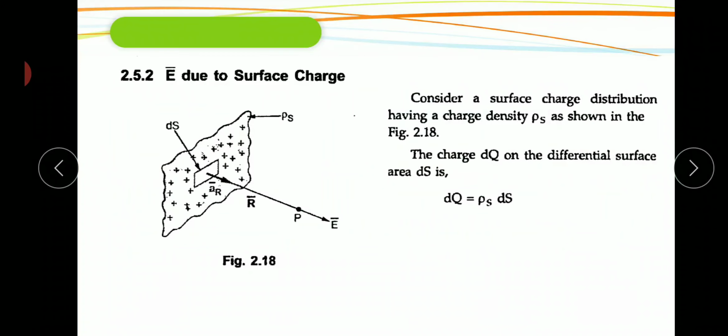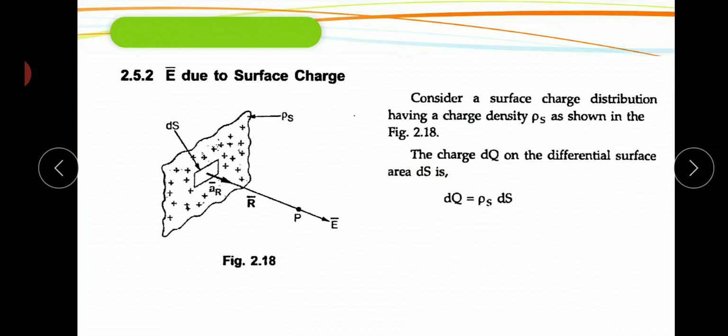Now the second case is electric field intensity due to surface charge. Let us assume a surface having surface area S. Among this surface we assume a smallest surface, that is a differential surface area, ds.